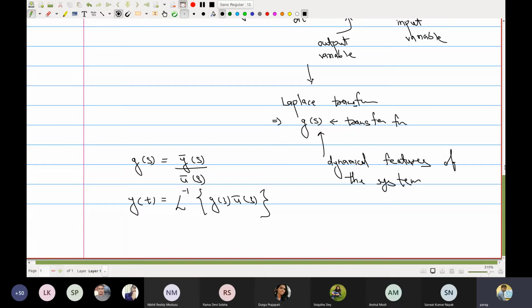So you don't need to worry about hundreds of things. All you need to do is just determine the transfer function of the system and then focus on the transfer function of the system. This is what we are going to learn in today's lecture: if you know the transfer function, what exactly happens.